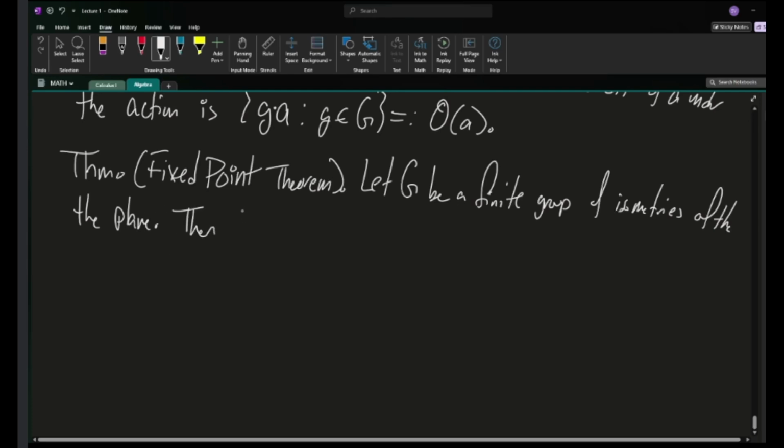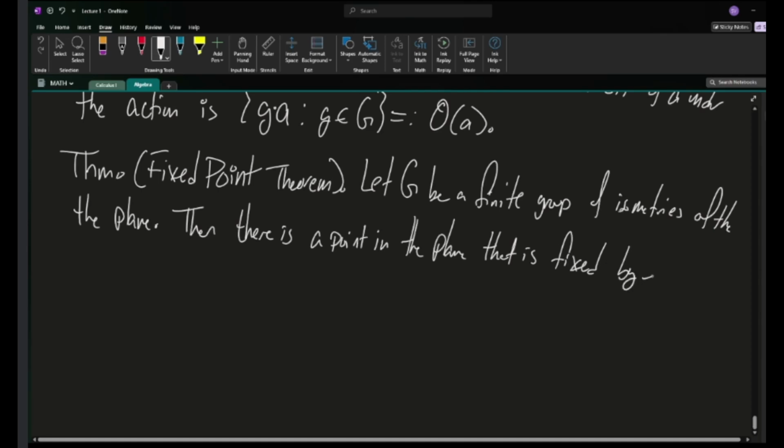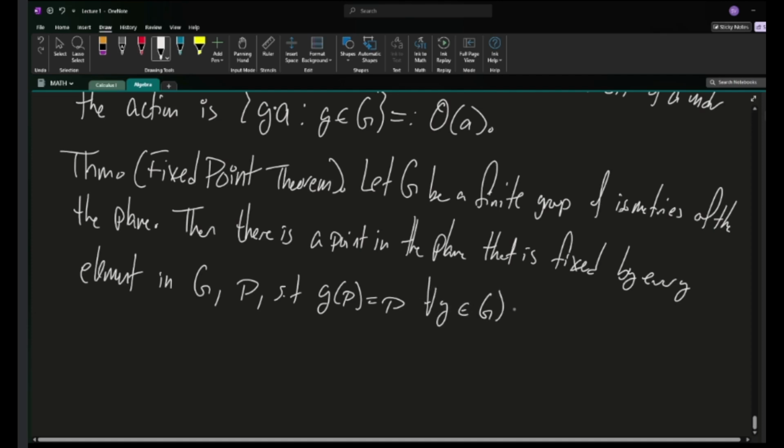Then there is a point in the plane that is fixed by every element in G. It kind of gives another definition of an orbit: P such that g of P is equal to P for all g in G.